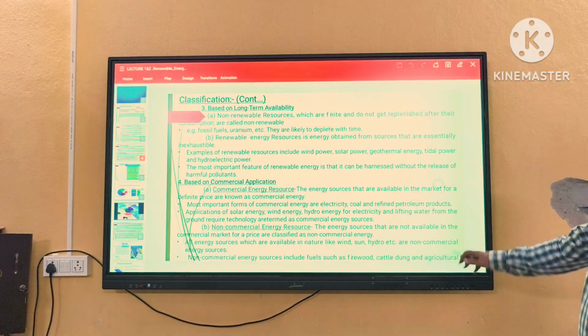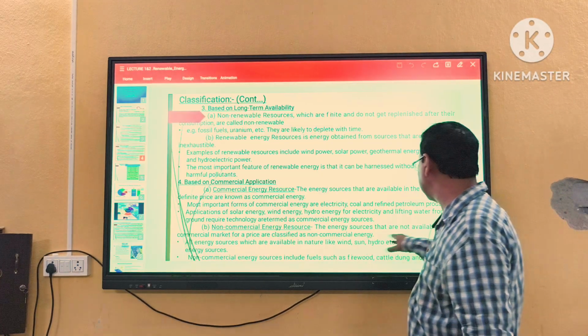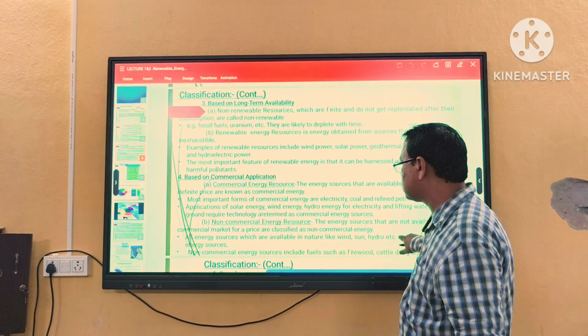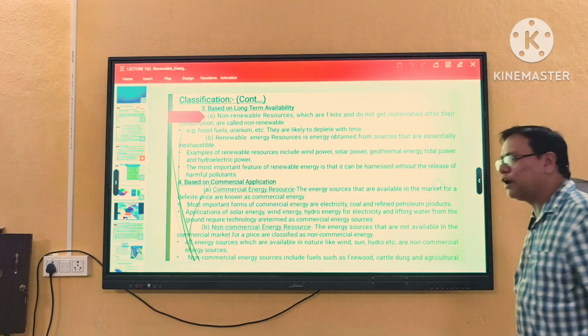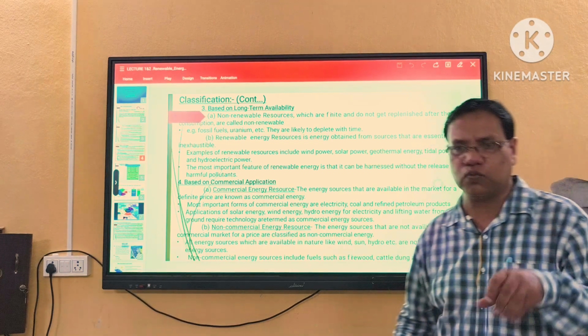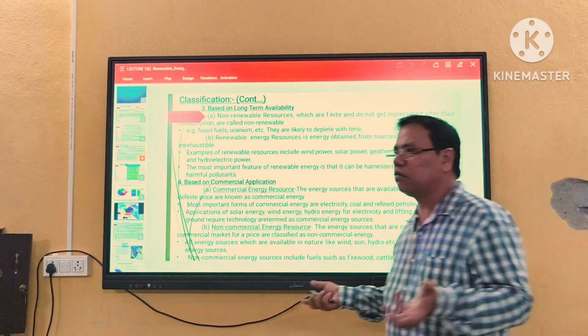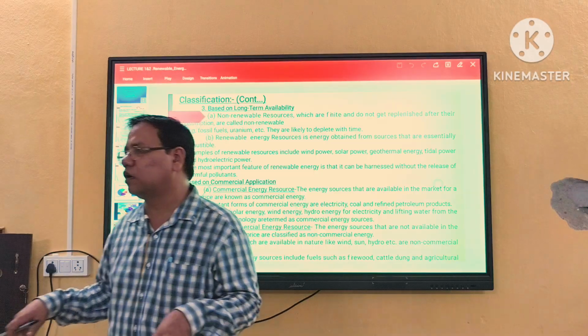Non-commercial energy sources are fuels like firewood, cattle dung and agricultural wastage. What is agricultural wastage? Firewood means just wood which we get from nearby trees.